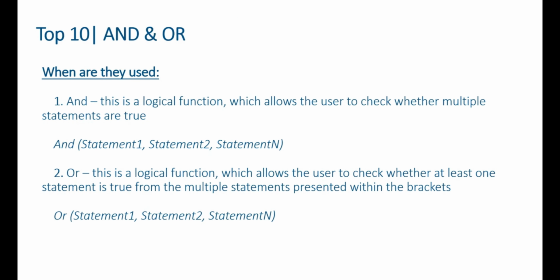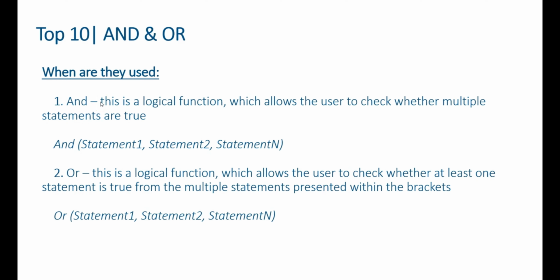These are two logical functions which are very often used, especially in combination with the IF statement formula that we discussed earlier in this course. AND is a logical function which allows us to check whether multiple statements are true.